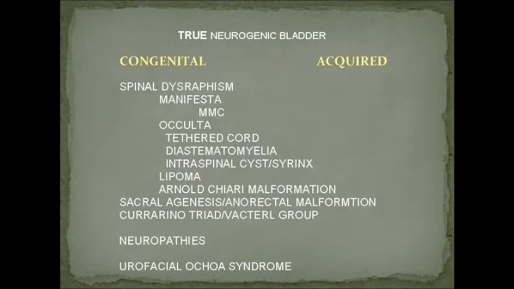The true neurogenic bladder can be classified further as those caused by congenital conditions or those resulting from acquired conditions. The commonest congenital variety is spinal dysraphism, of which we have the manifest group, the lesions which are very evident, and the occult group, which comprises tethered cord, diastematomyelia, intraspinal cysts, syrinx, lipoma, and Arnold-Chiari malformation.